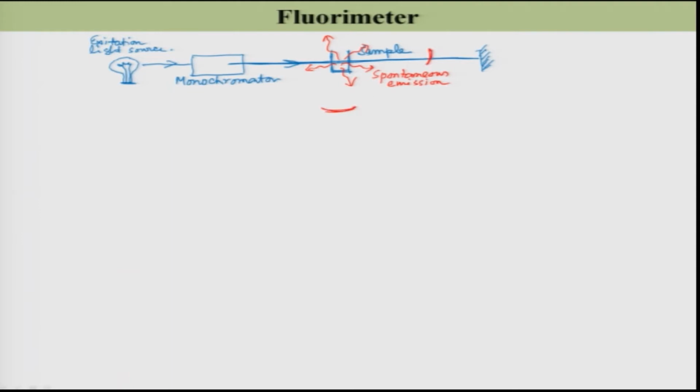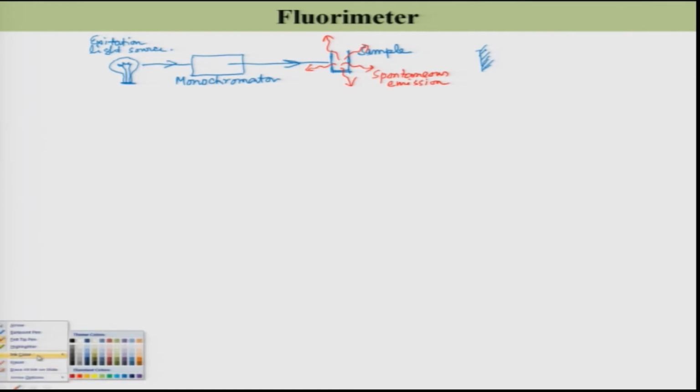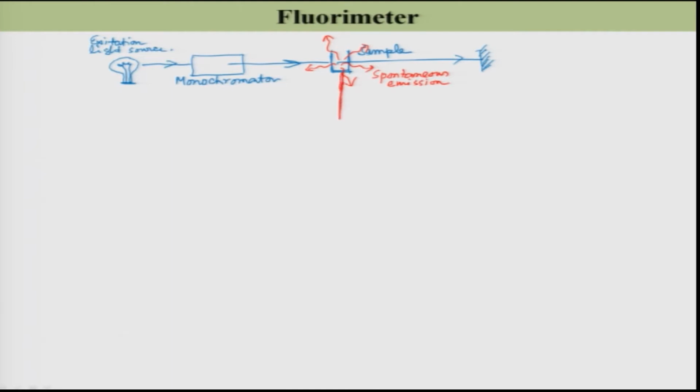I can detect this emitted photon by putting a detector in this direction, or this direction, and so on. But to avoid scattering, we usually put our detector in a right angle geometry, so the emitted photon is detected in the direction perpendicular to the excitation. Now, this is not a single color; the fluorescence is also like a band.